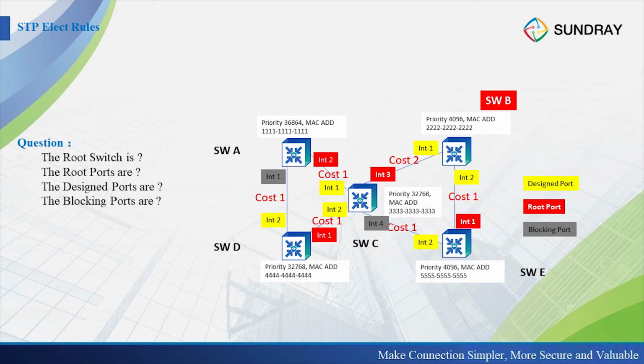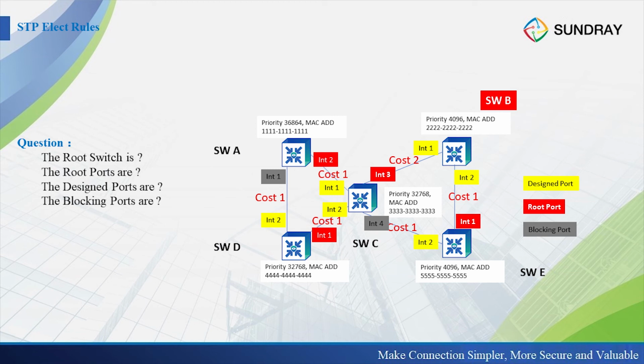The other ports are the designated ports. In one switch, there is only one root port, and the others are designated ports. The next is the blocking ports.